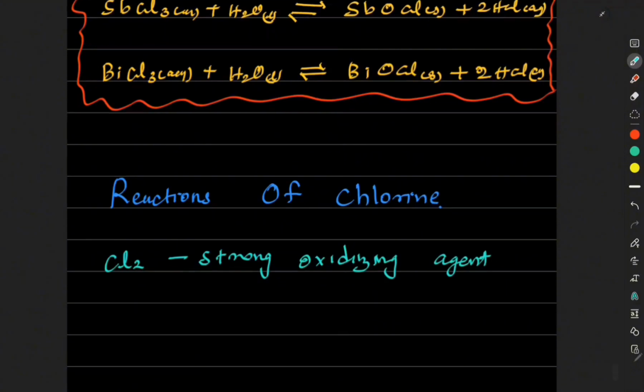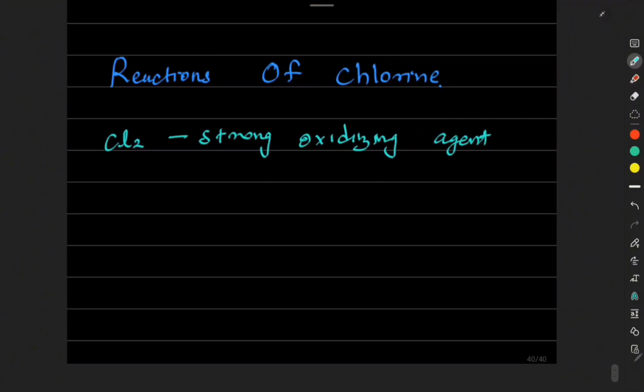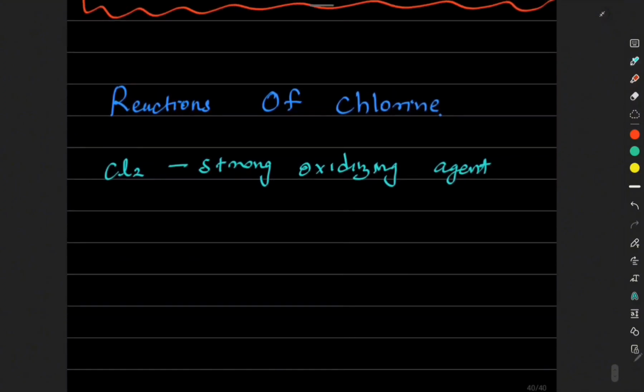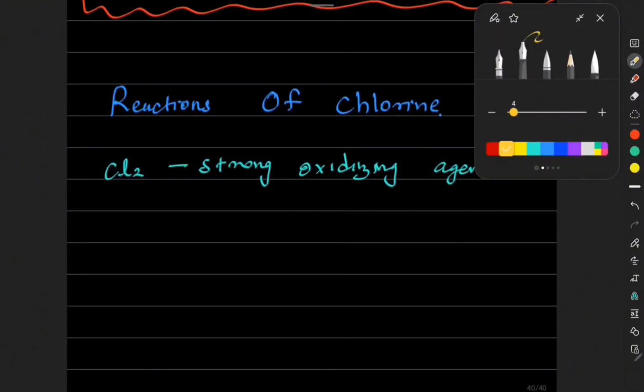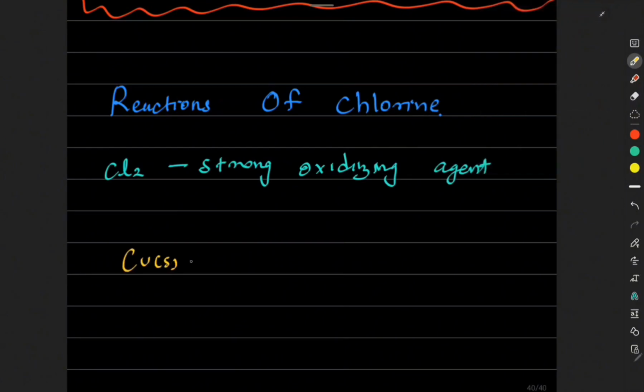Let's look at the reactions of Cl2 as a strong oxidizing agent. The first reaction is with copper solid plus Cl2 gas. They form CuCl, which is a solid. Let's balance this with 2.